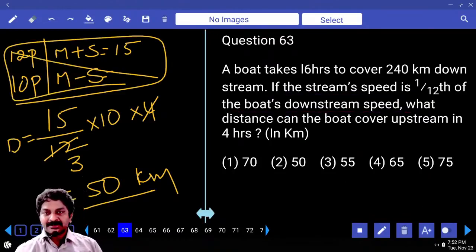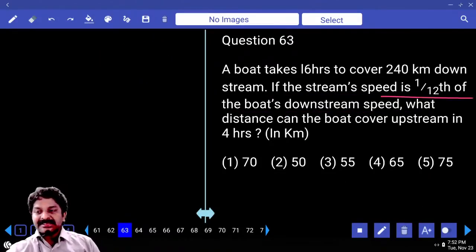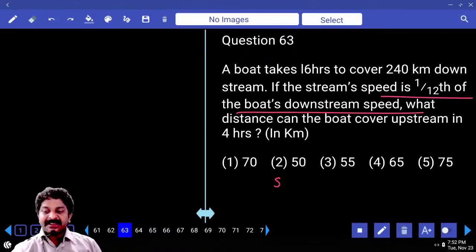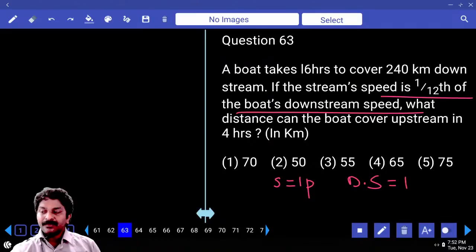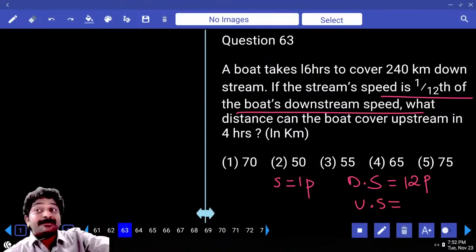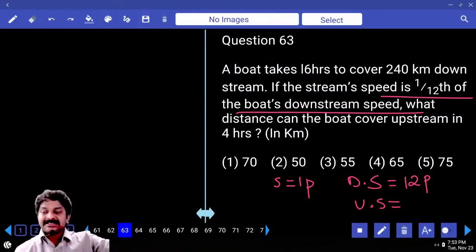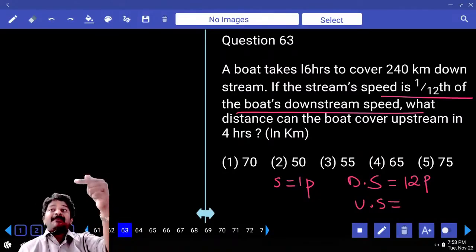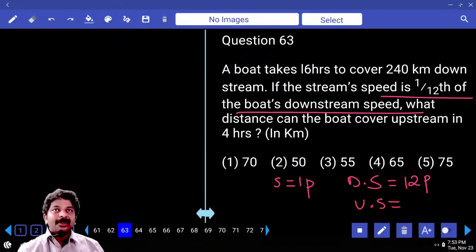Let me tell you that also. If you read this carefully, stream speed is equal to one part only. What is the difference between downstream and upstream? 2s. Yes, when you know downstream and from that you want to get upstream, do we have to add 2s or subtract 2s? Subtract 2s.